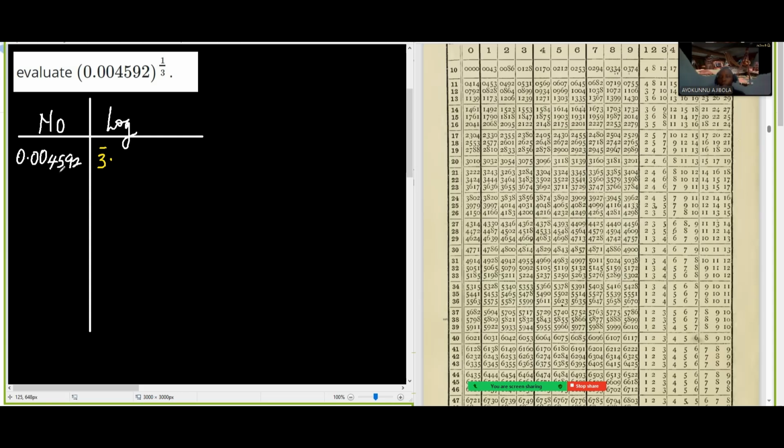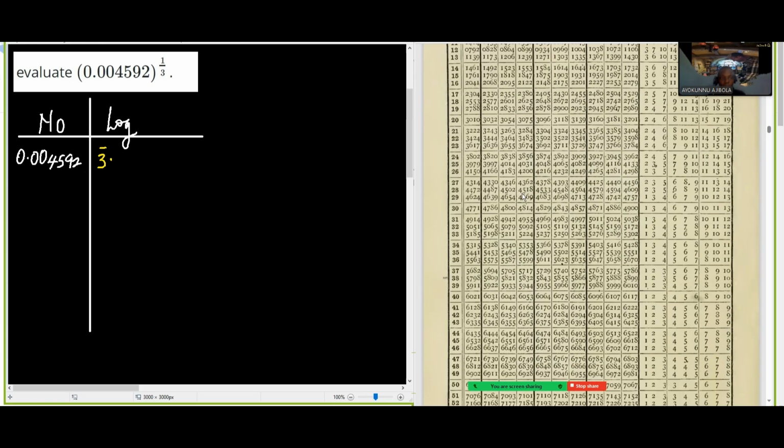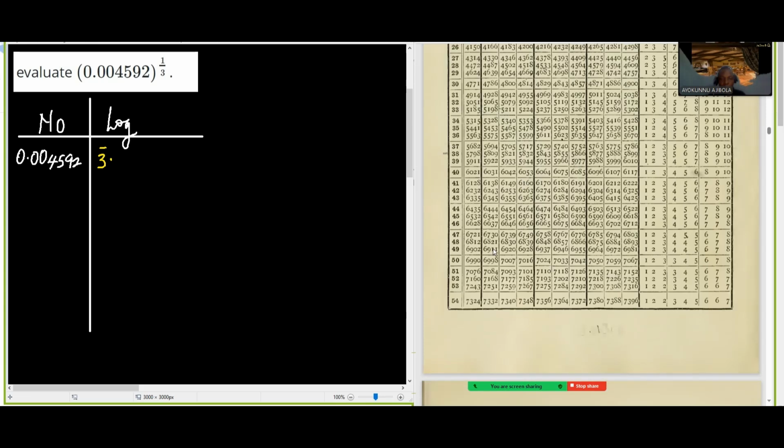So here now, I have to go and check logarithm 45 under 9, difference 2, because this is 9 2, not 3 2. If you are seeing the board, you can see 45 somewhere here. Can you see logarithm 45?